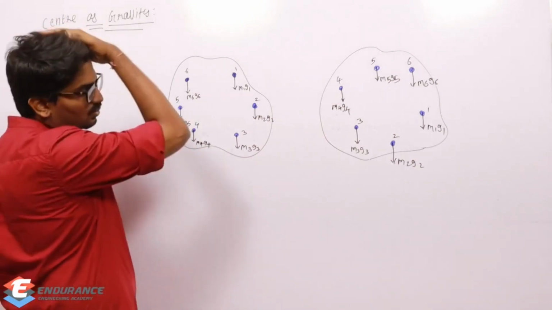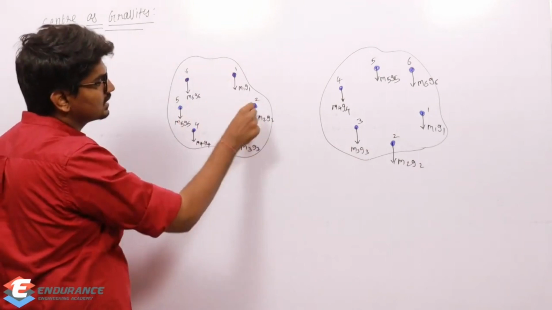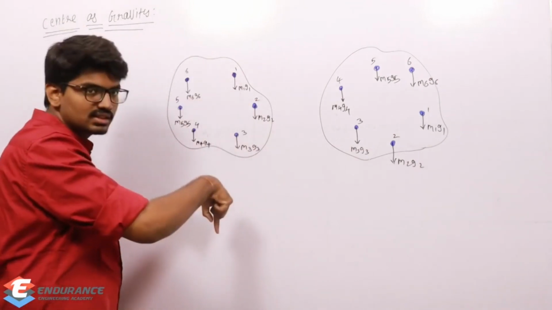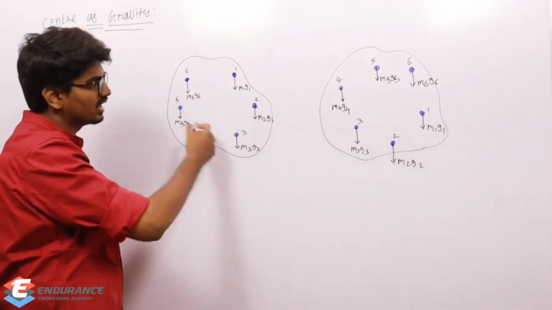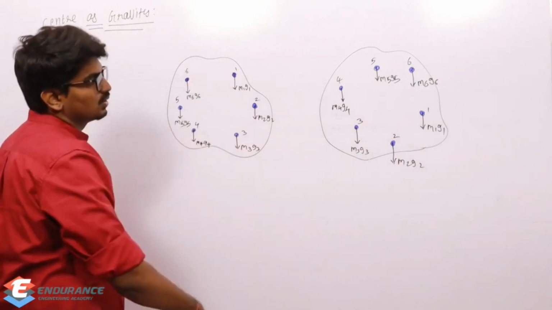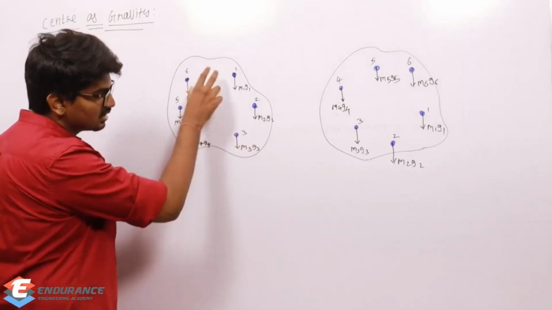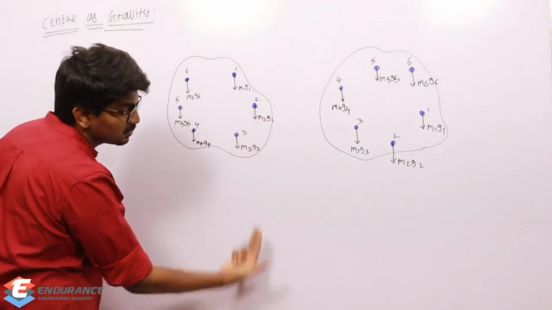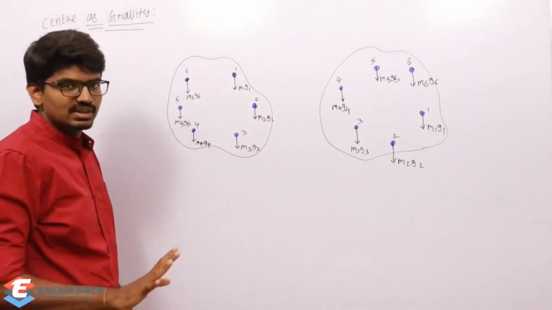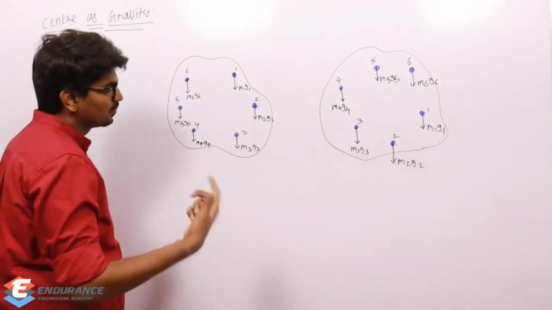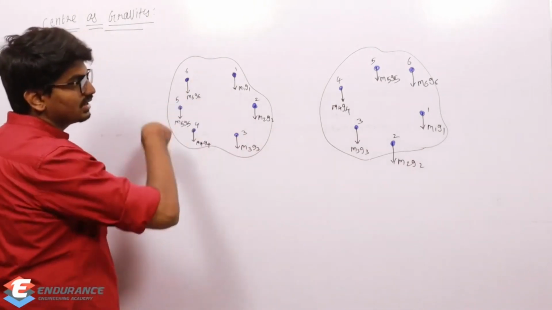Now, as we know, all these masses will be pulled towards the ground. From the knowledge of the free body diagram, all these masses are pulled towards the ground, and the ground in turn experiences equal and opposite forces which pull the ground up. We have seen all these things already, and now we are concentrating only on these masses.